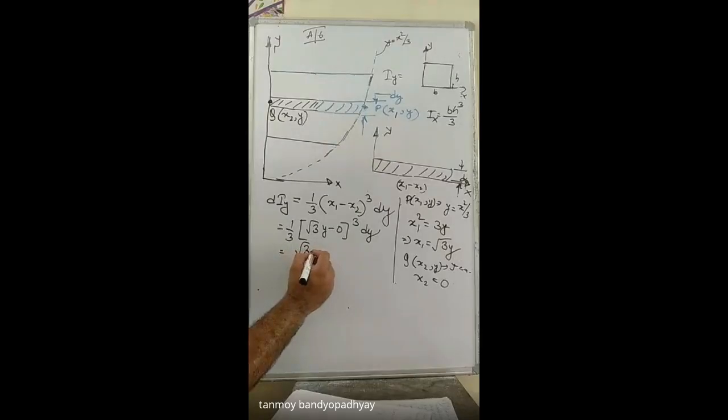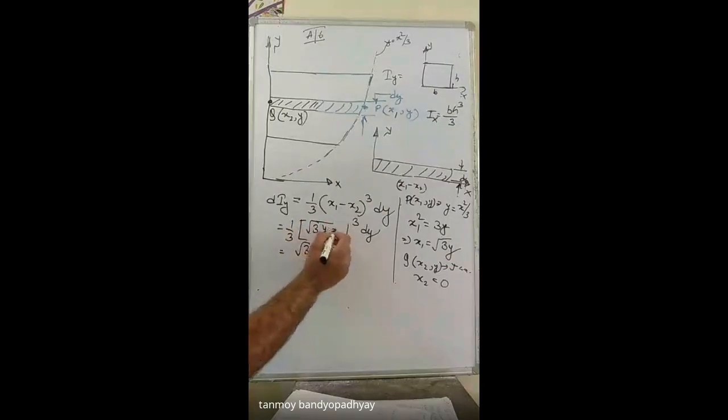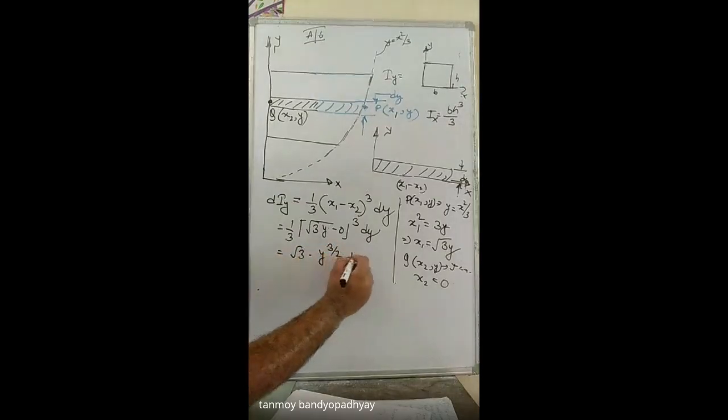So root 3 y cube into dy. Now what will y cube be? Sir, y to the power 3 by 2, will it not? Yes, correct. The y is inside the root. So root 3 to the power 3 means 3 into root 3. So that is root 3 into y to the power 3 by 2 into dy.